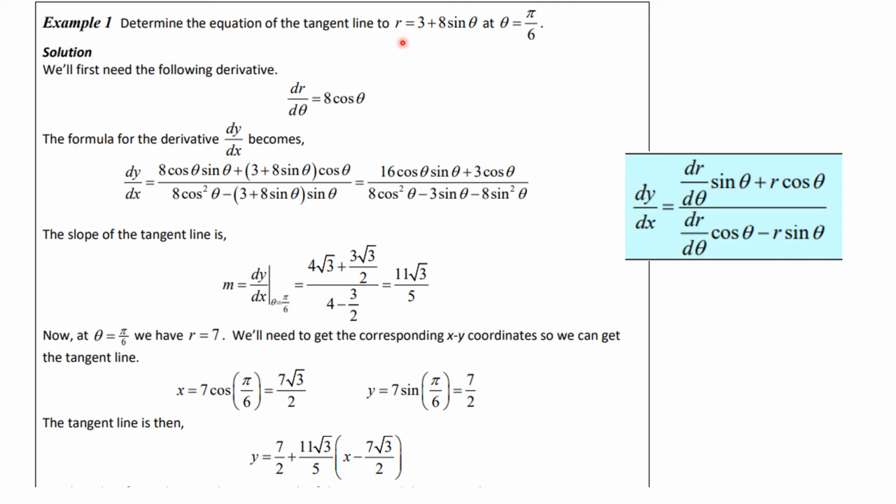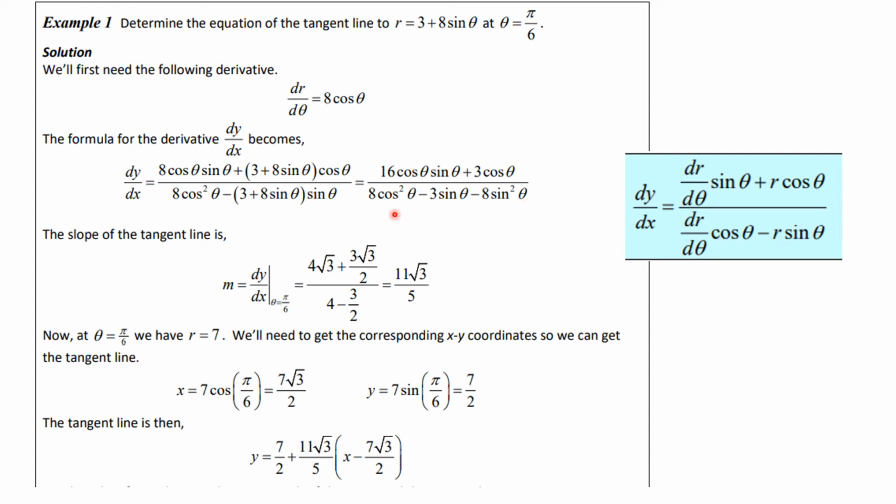Here is r, there's the sine theta. And then I really should simplify this so I can plug numbers into it. You should follow the algebra, but I get 16 cosine theta sine theta plus 3 cosine theta, all divided by 8 cosine squared theta minus 3 sine theta minus 8 sine squared theta.